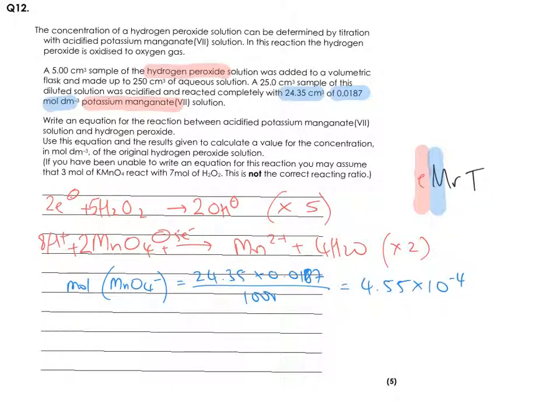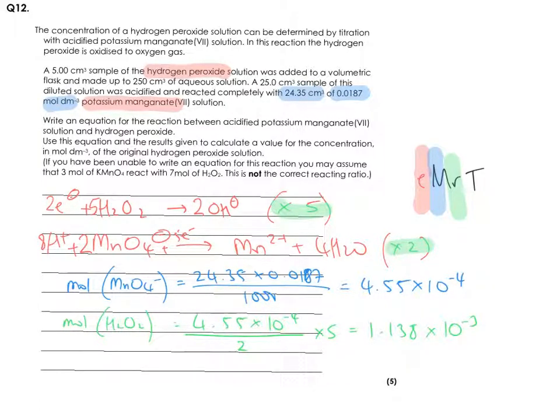Then we can use the ratio that we've just worked out of 2 to 5 to work out the moles of the hydrogen peroxide. So moles of H2O2 will equal 4.55 times 10 to the minus 4 divided by 2 times by 5, which equals 1.138 times 10 to the minus 3.